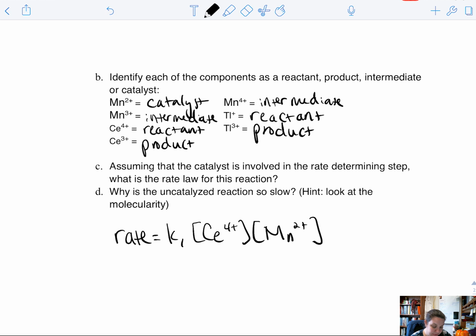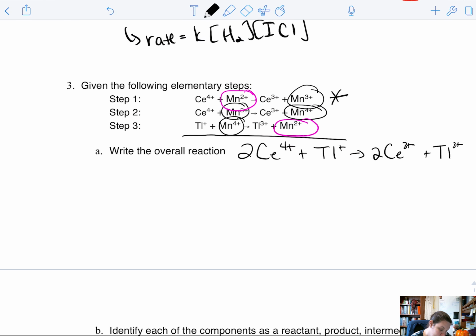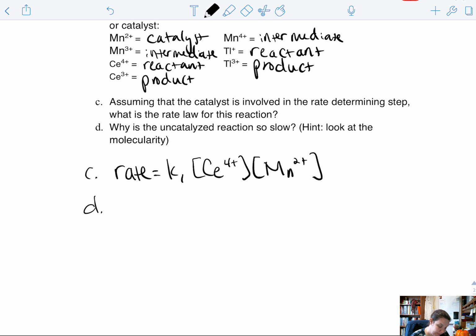And then it says, why is the uncatalyzed reaction so slow? If we look, our uncatalyzed reaction is so slow because if we do not have this substance, our reaction would not actually proceed in any way because this is our first redox process. So it does the first redox process.